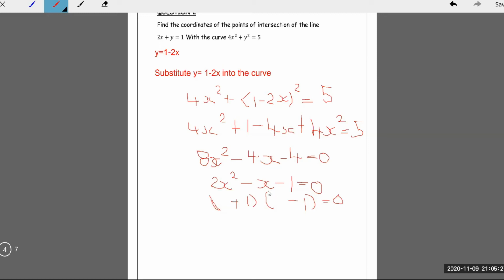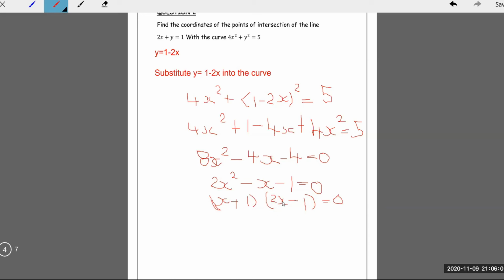Now if I put the 2x here, I would get x times this is 2x squared. Yep, this should be the 2x. So I put the 2x here, and then I put the x here, because x times 2x is 2x squared, then x times this is minus x, this times this is positive 2x.